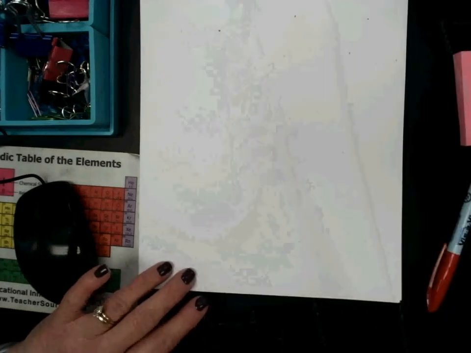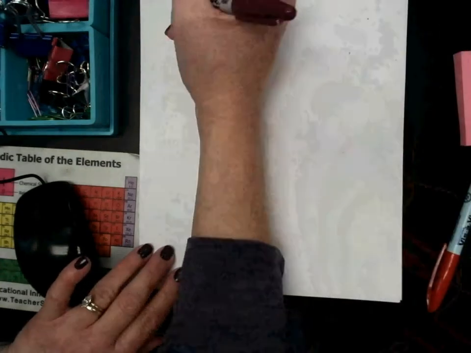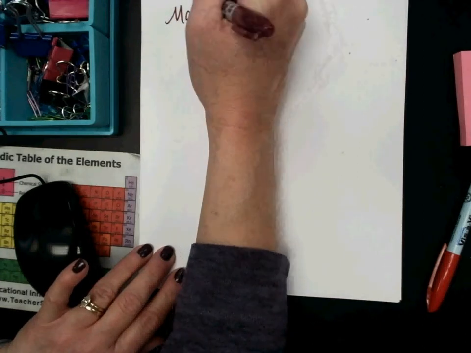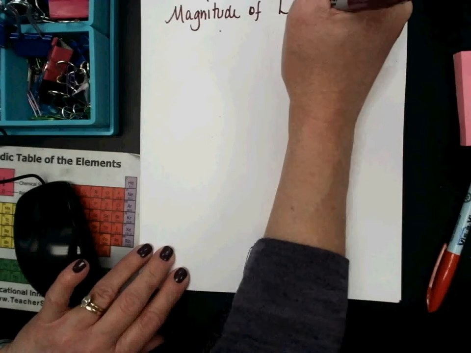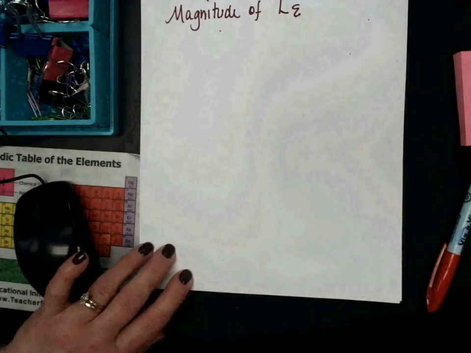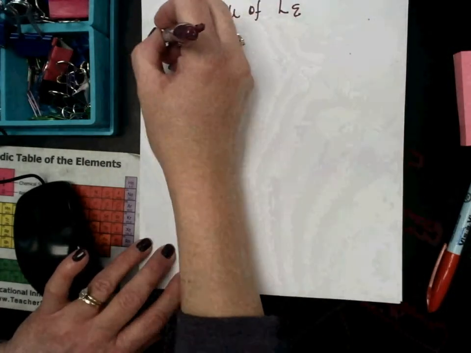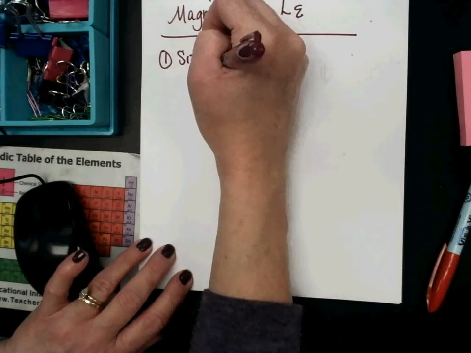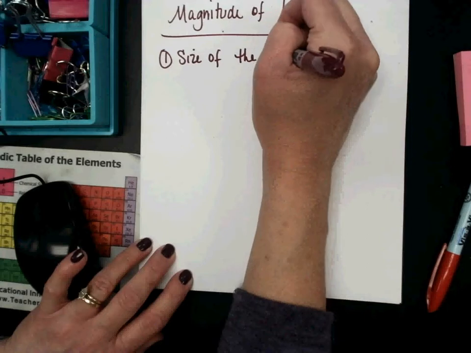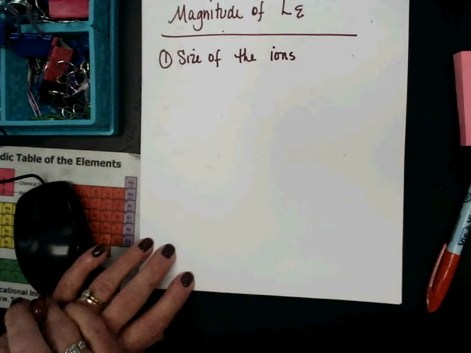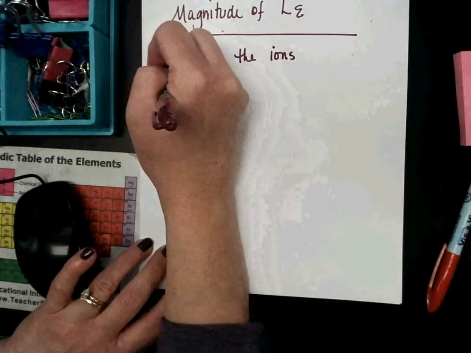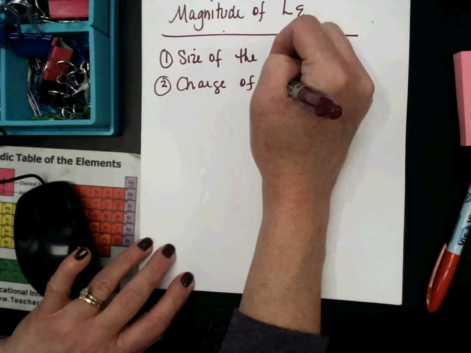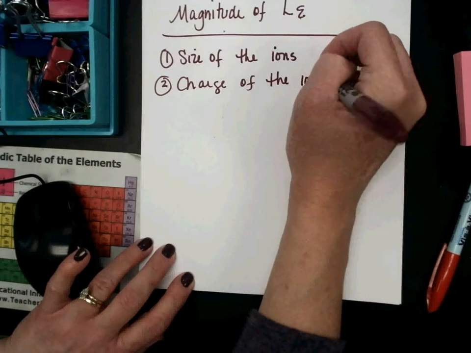So when I look at these things, I can say that the magnitude of the lattice energy depends on some things. First thing it depends on is the size of the ions. It depends on the charge of the ions.